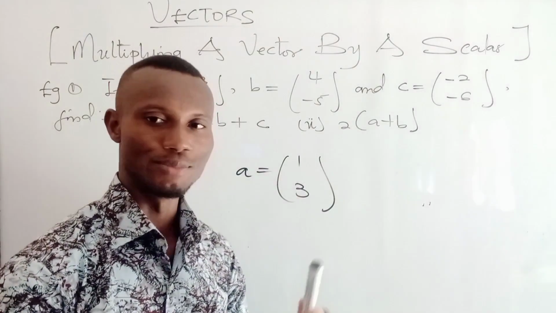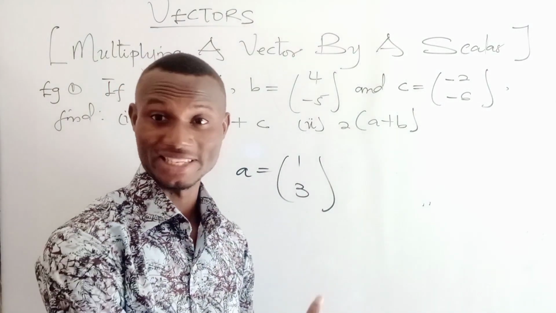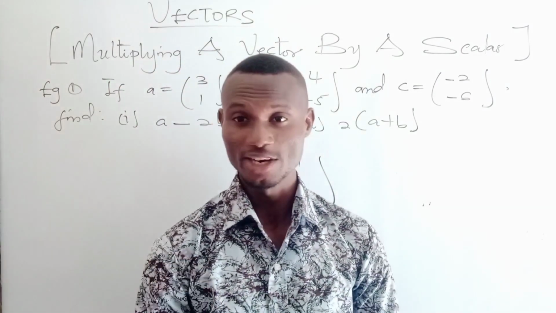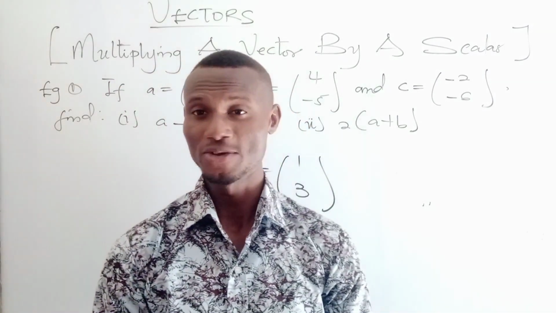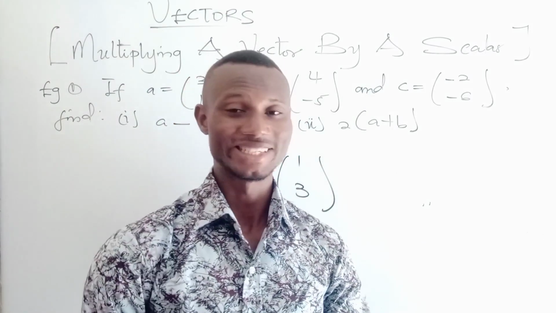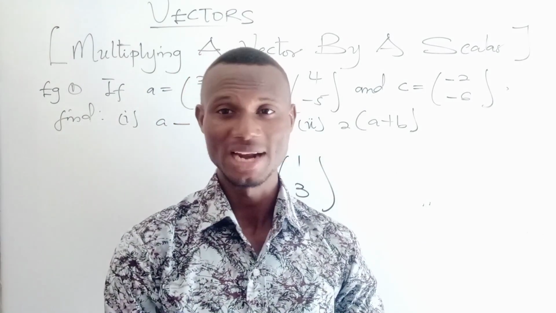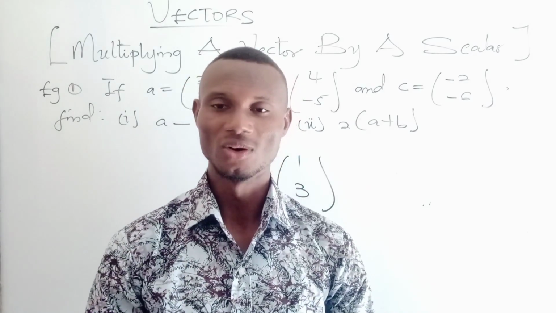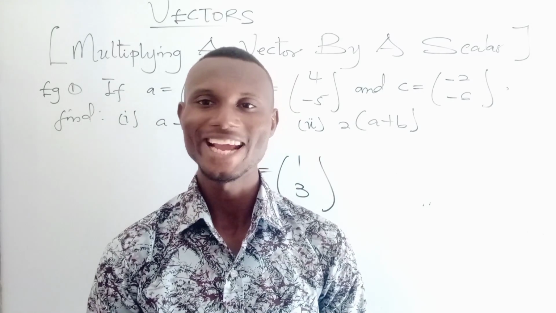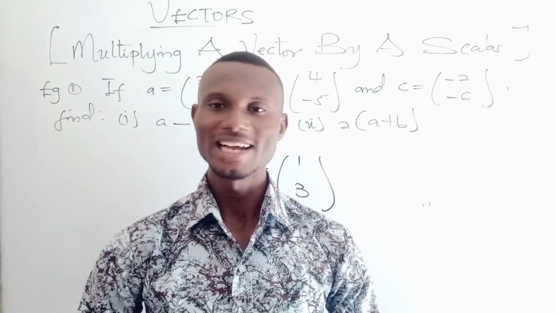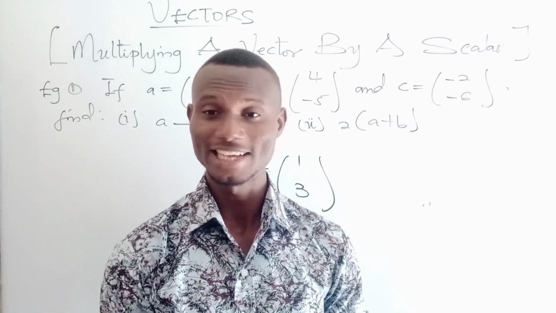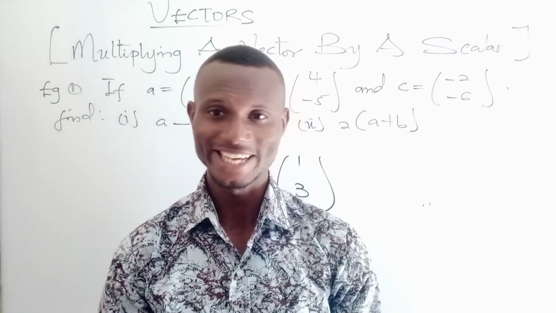Someone may be wondering, what do I mean by multiplying the vector by a scalar? When you have any value, and by value I mean any variable or number, it can be a positive number, a negative number, a fraction, or any alphabet or variable, that is multiplying the vector, that is what we refer to as a scalar.